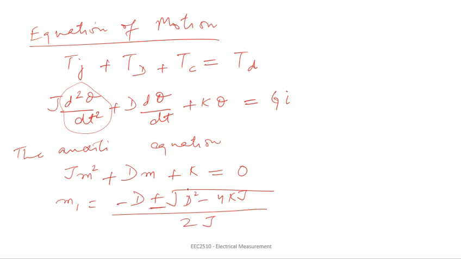So these can be the two different roots, m1 and m2. The only difference will be of this minus sign. In one root it will be minus d plus under root d square minus 4 kj over 2j, and the second root, which can be represented by m2, will be minus d minus under root d square minus 4 kj over 2j.